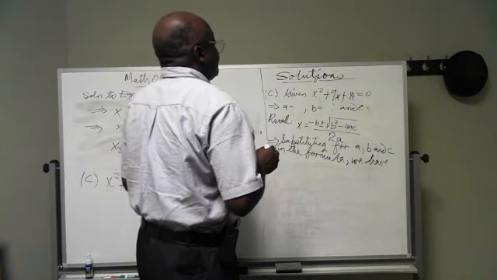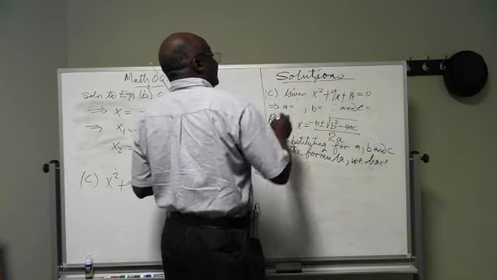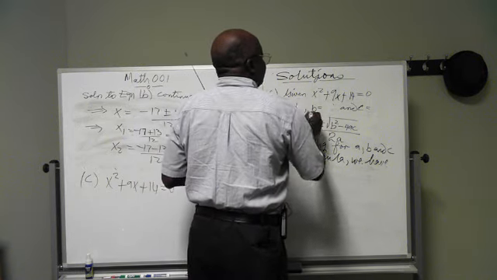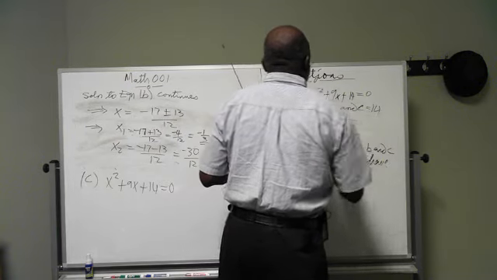Given the equation x squared plus 9x plus 14 equals 0. Clearly, a equals 1, b equals 9, c equals 14.